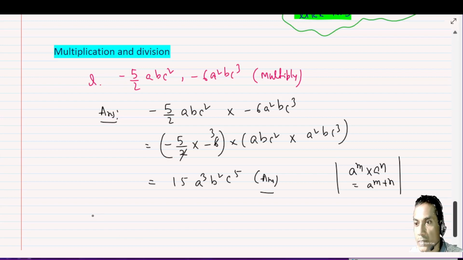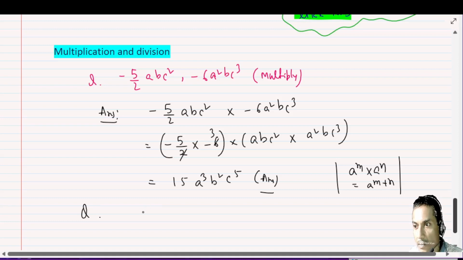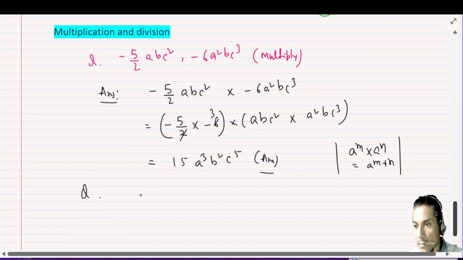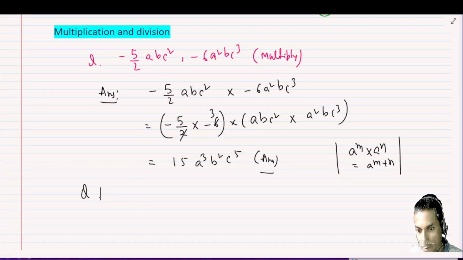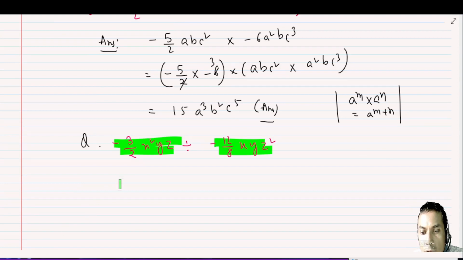Okay. And for the division, let's take one example. Simply take this example. Let's do this division. How can you do that?